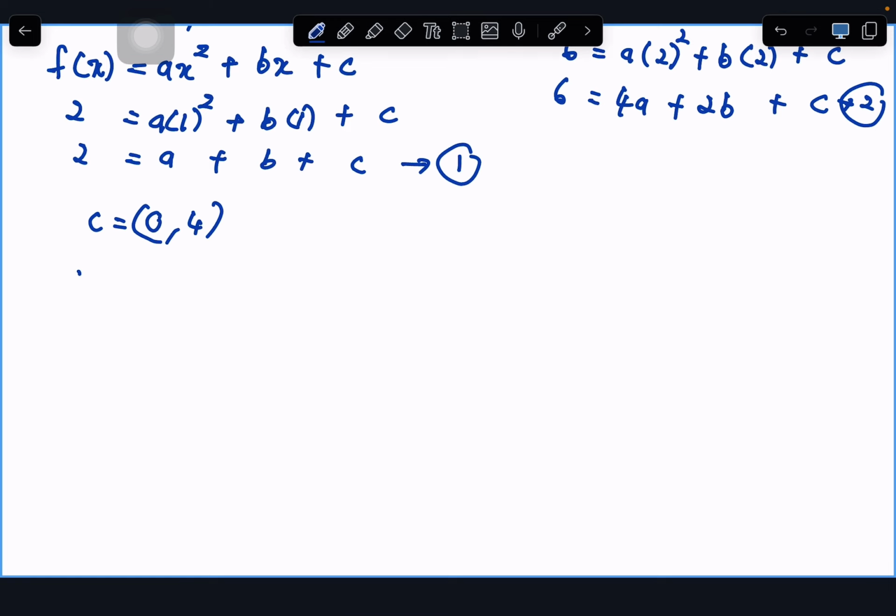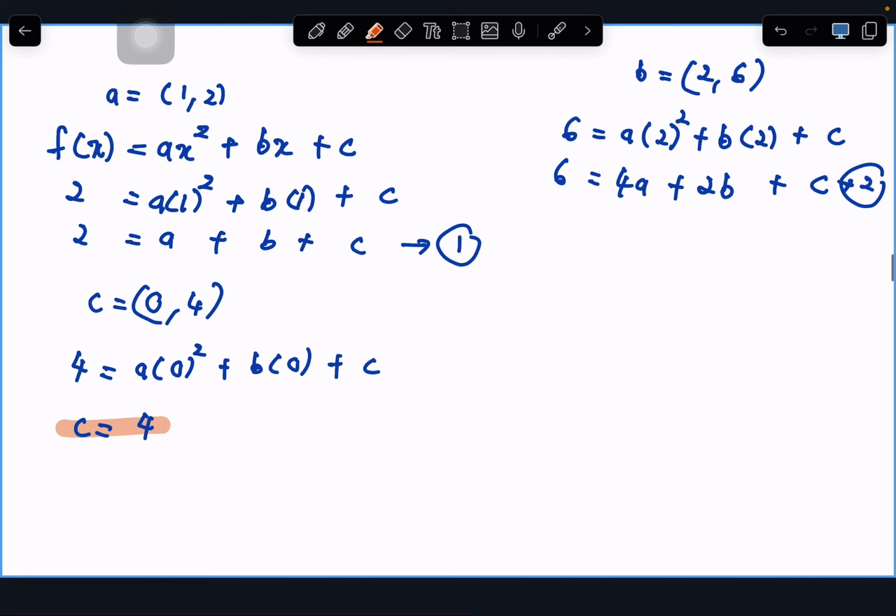So we have 4 equals a times 0 squared plus b times 0 plus c. And this one, what do we have? c equals 4. So now we have calculated our c.